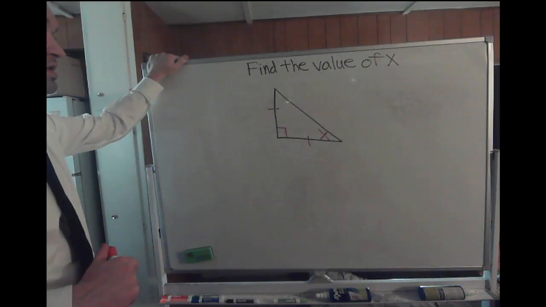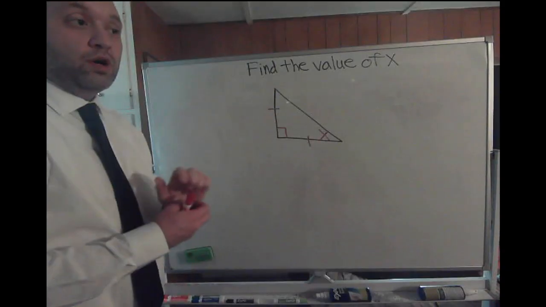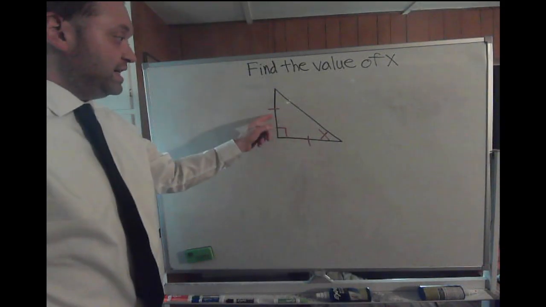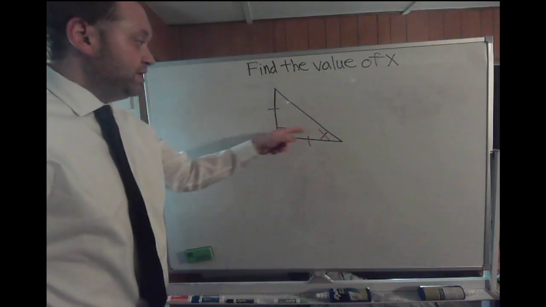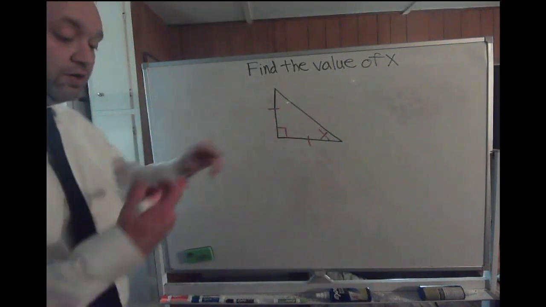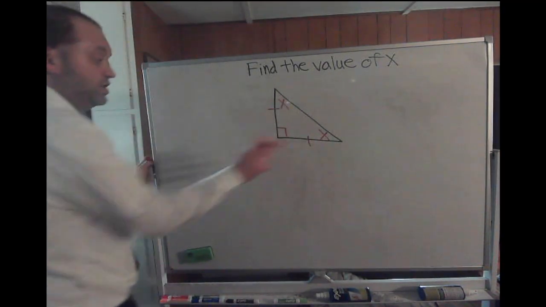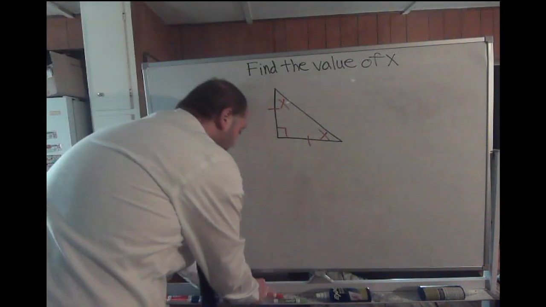We have learned that the acute angles of a right triangle are complementary, right? And if these two sides are congruent, then the angles opposite those sides are congruent. So the angle here is opposite this side, it's x, so that means the angle here also has to be x.